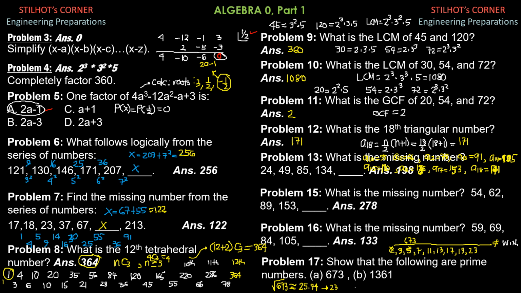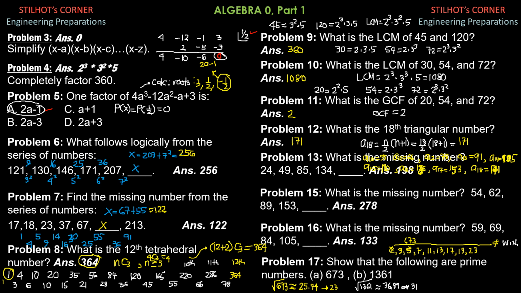Likewise, the square root of 1361 is about, using the same technique, 36.89, and the closest prime number to 36.89 is 31.